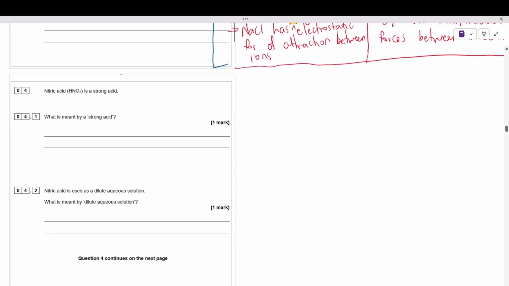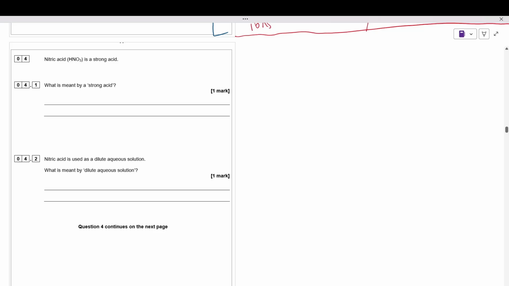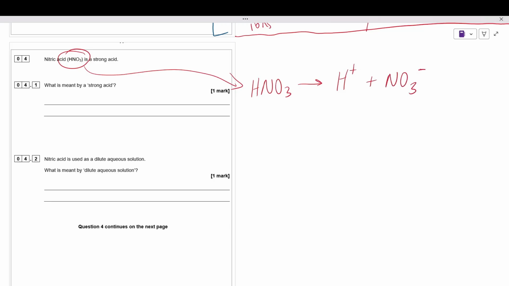Now for number 4, carrying on quite nicely. We have nitric acid, which is a strong acid. What is meant by the term strong acid? If you remember, a strong acid such as nitric acid ionizes completely in aqueous solution. What I mean by ionize completely is if I have HNO3 and I put it in aqueous solution, it is going to form H plus and NO3 minus.